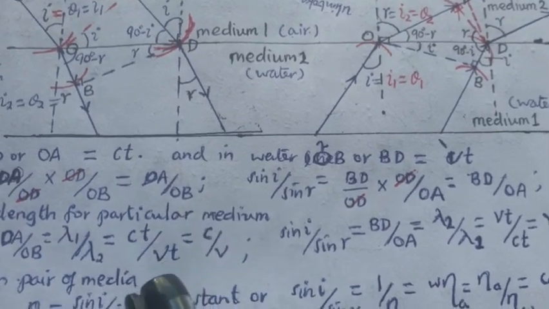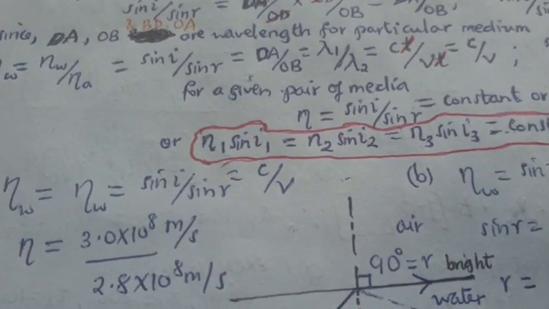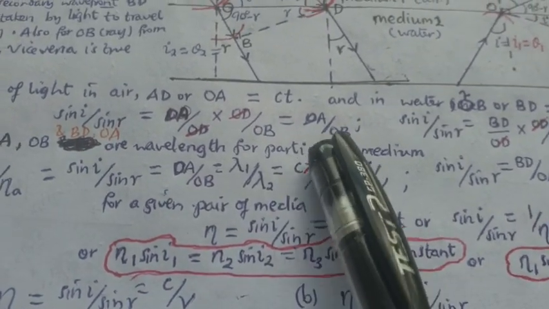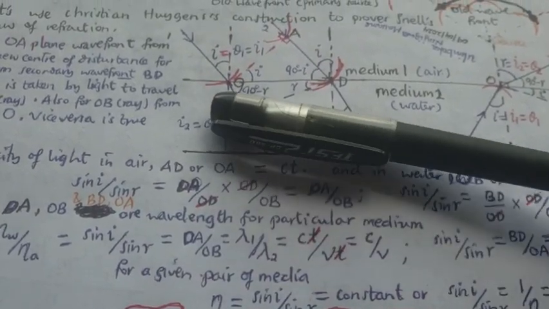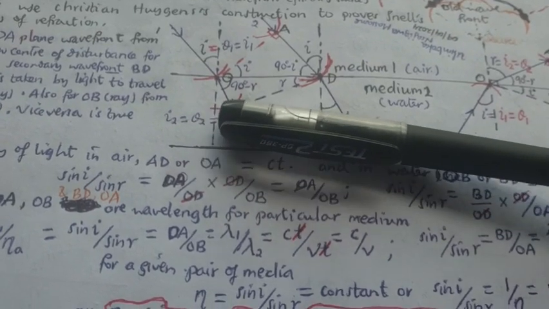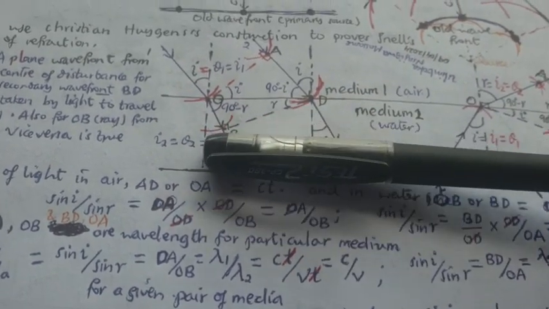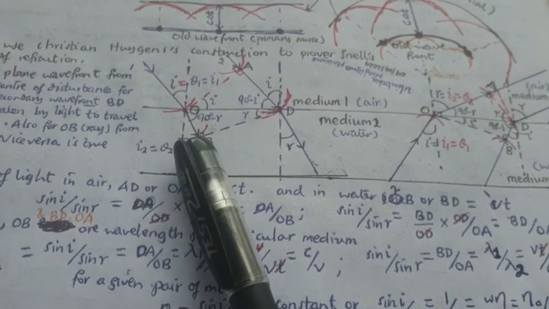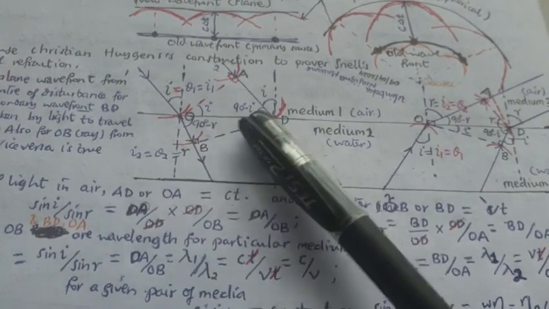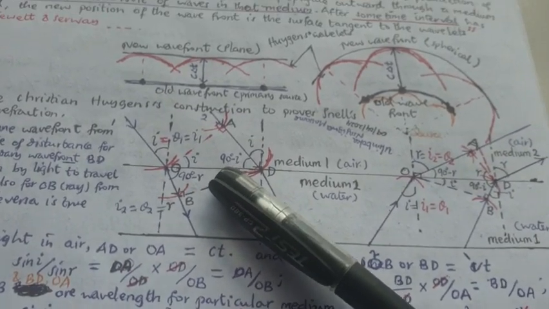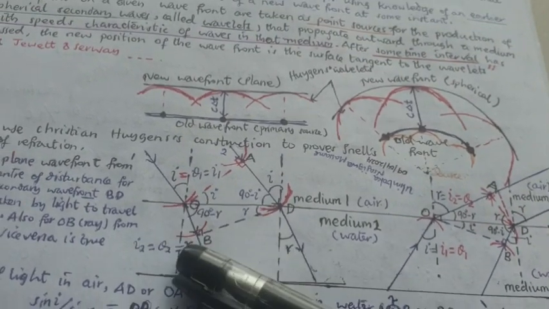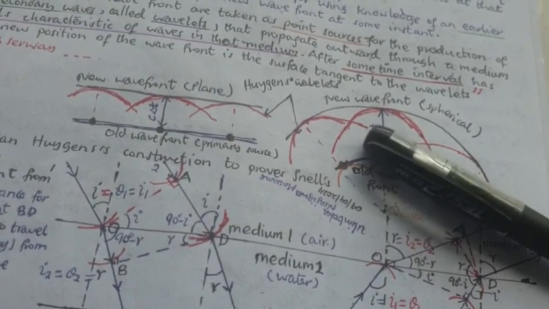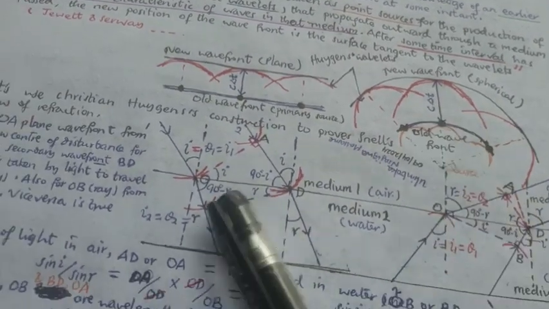The time is cancelled out because the secondary plane wavefront reaches points B and D at the same instant, the same time interval, change in t.